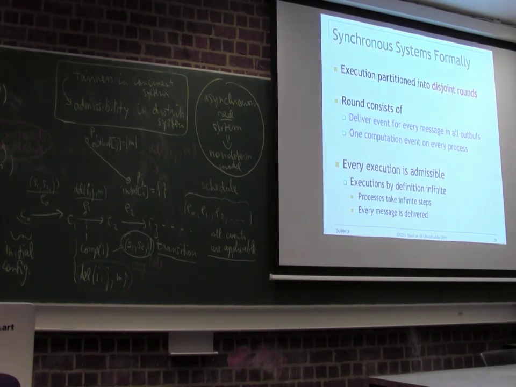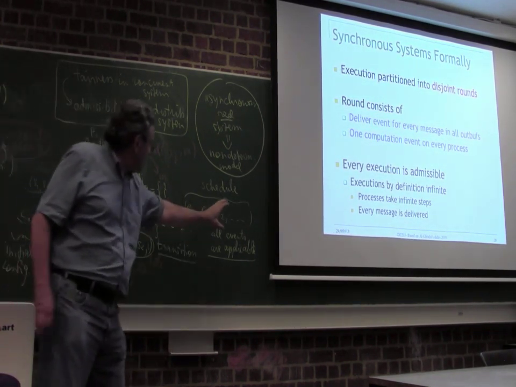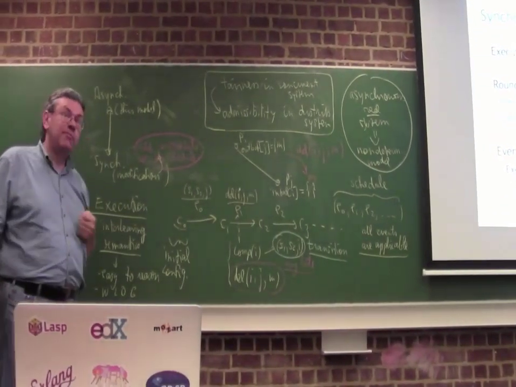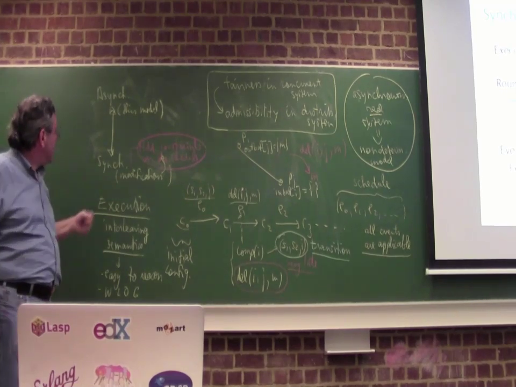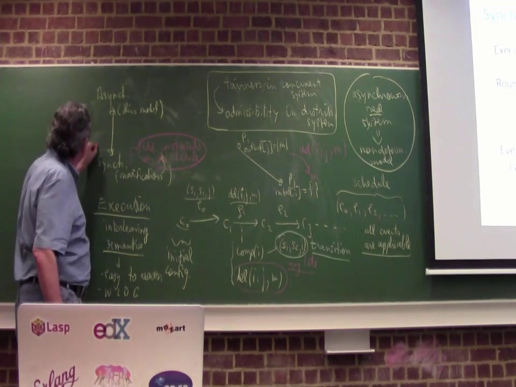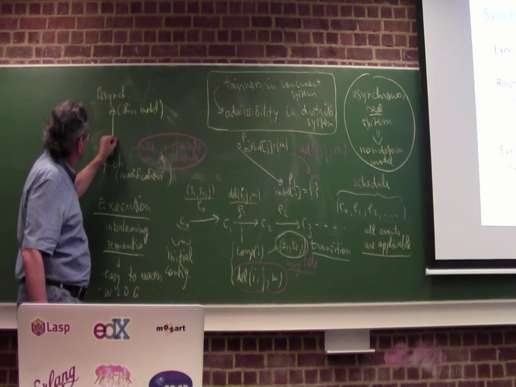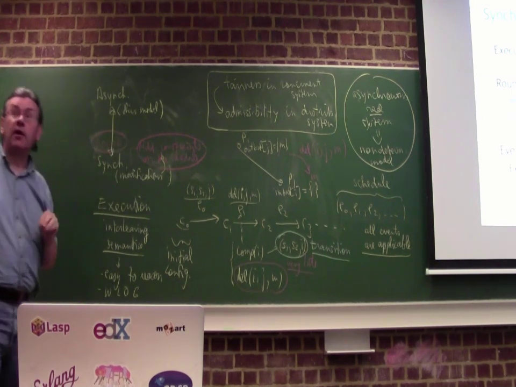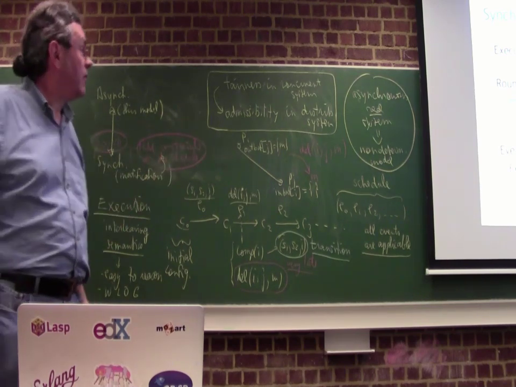So that's nice. That means most of the things we do in this model, most of the terminology we have, is going to be the same for synchronous and asynchronous. It's just that we have this notion of a round, these disjoint rounds, which is a new constraint on the schedule.